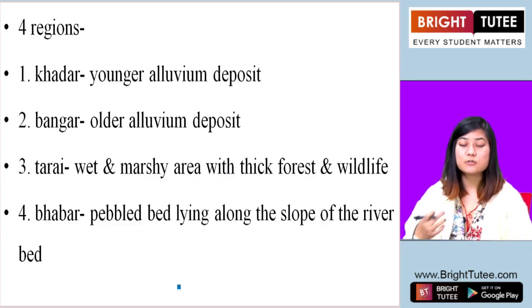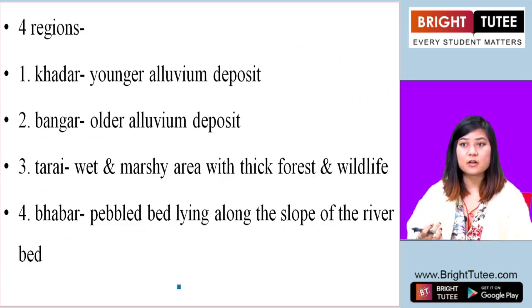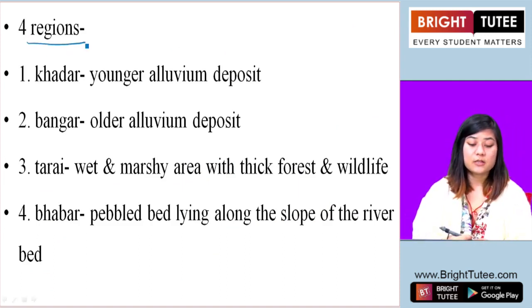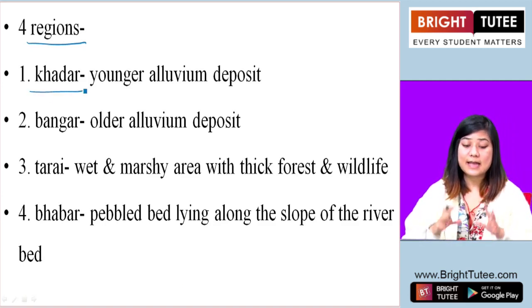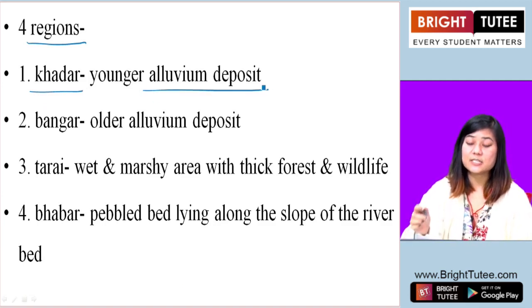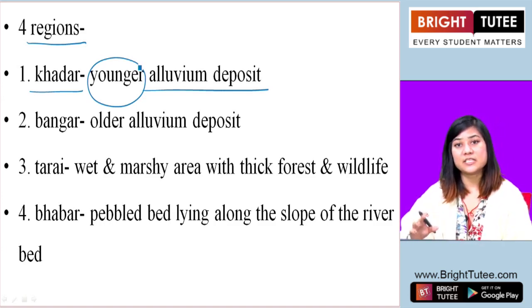Okay, now let us look at these different regions which are formed as a result of the deposits. There are four main regions. The first one is called Khadar. This Khadar is that region in the plain where the alluvium deposits are younger, meaning that they are new.